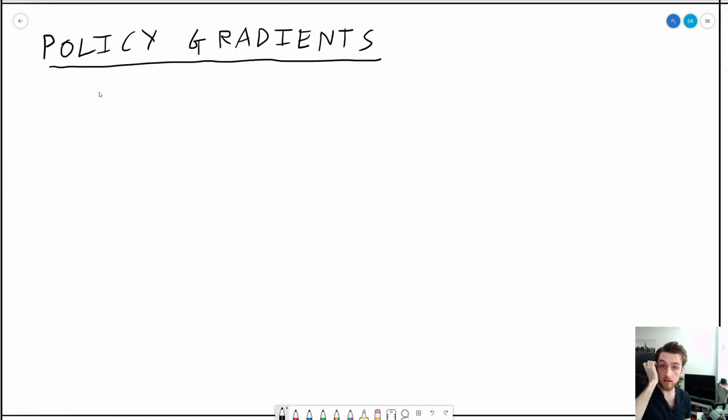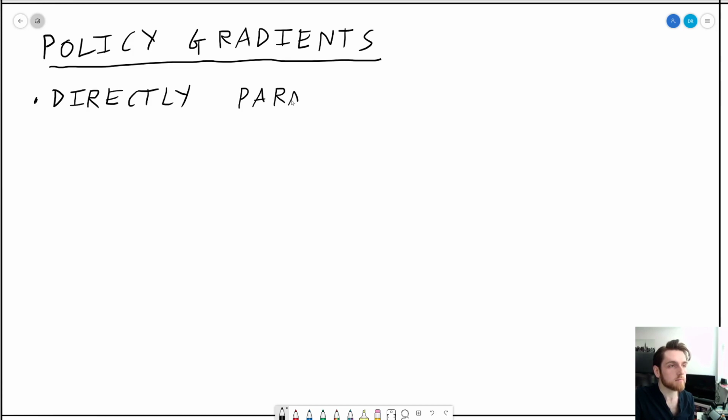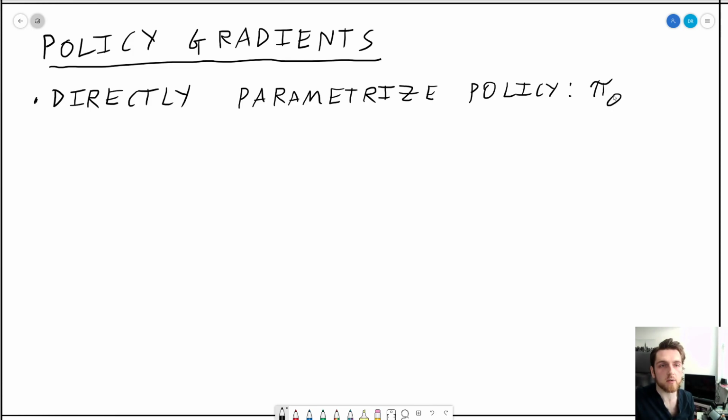You can still do this in the Markov decision process setting, but a very popular approach to solving these problems currently is to instead directly parameterize the policy itself and then optimize the weights of the policy. So, for example, we have pi of theta, where theta are some weights, and those are what we optimize in order to solve the problem.